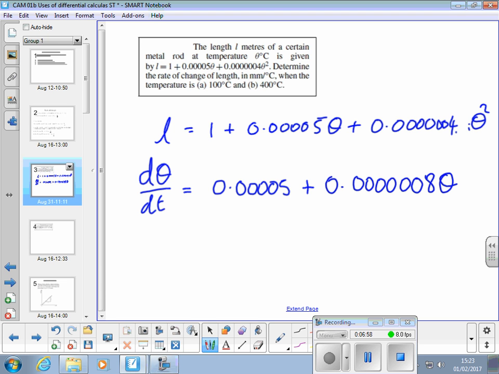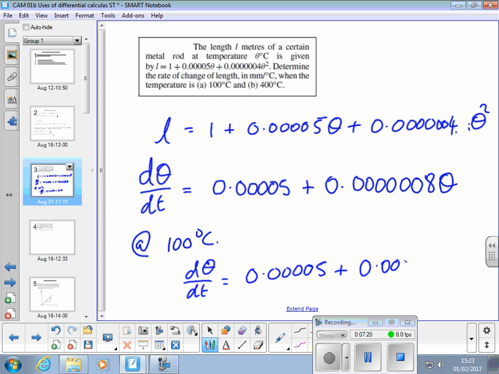So now we can say at 100 degrees C, the rate of change is 0.405 plus 0.608 times 100.